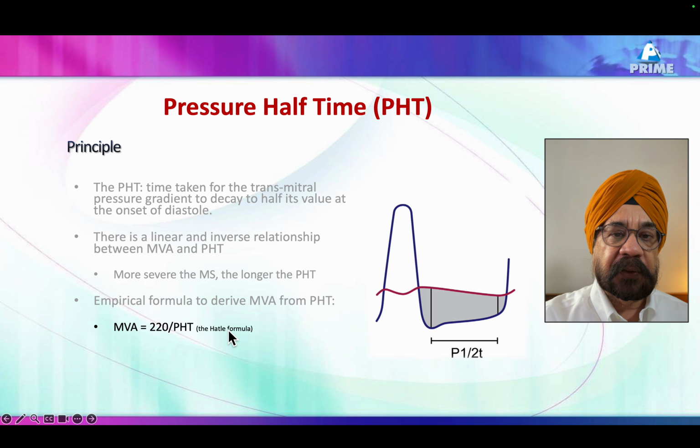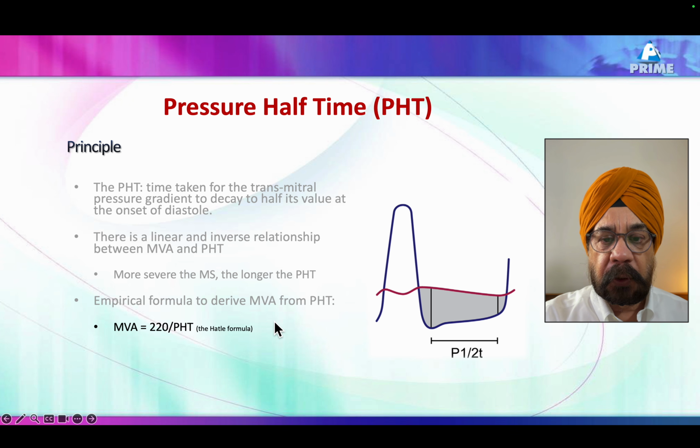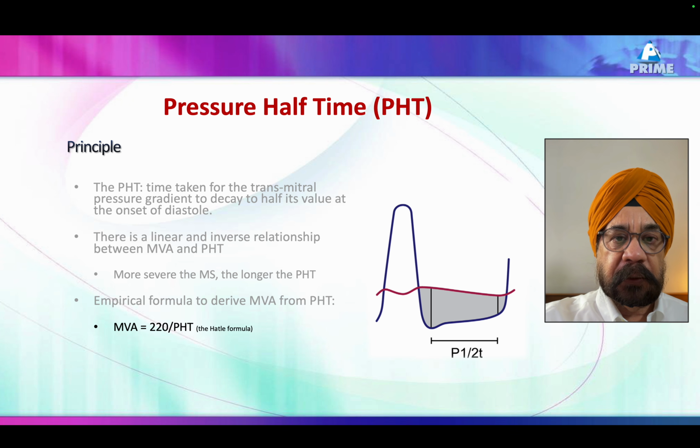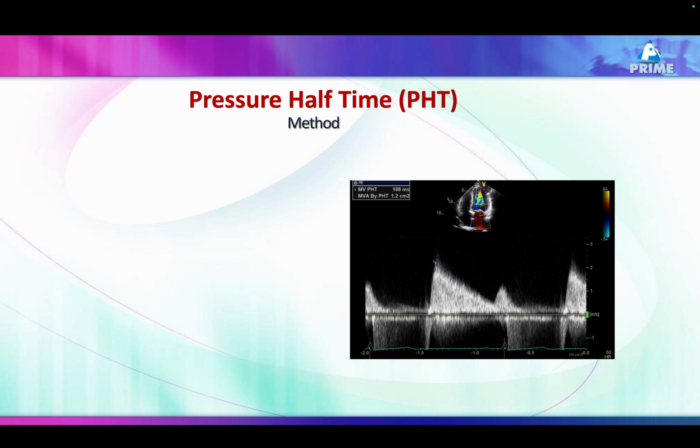For example, if pressure half time is 220, then the mitral valve area would be 1. If it is 220 or more, it indicates severe mitral stenosis.